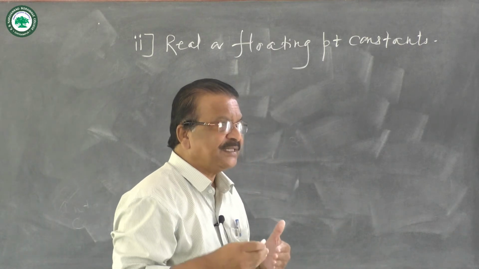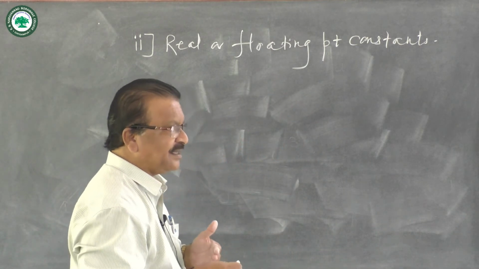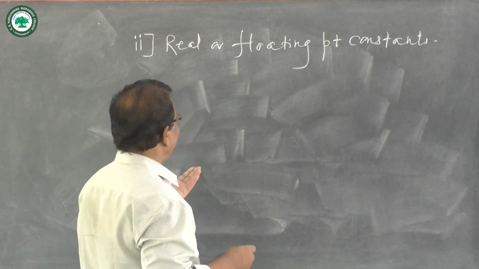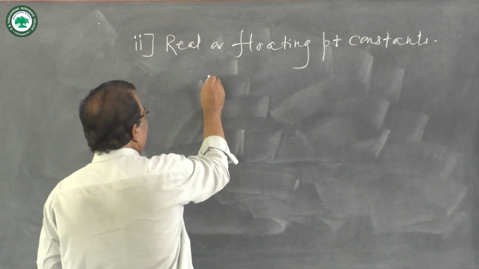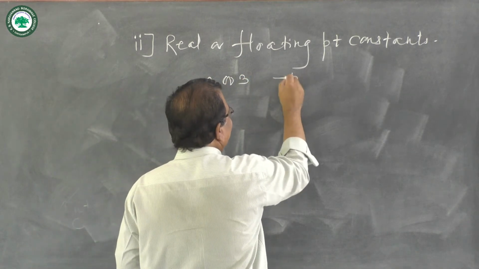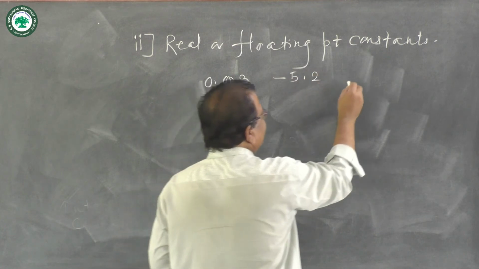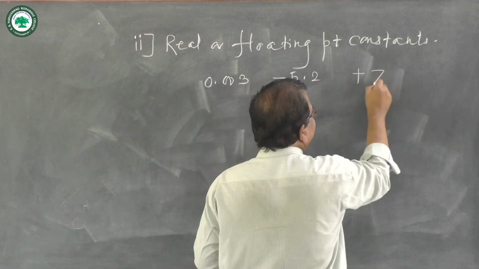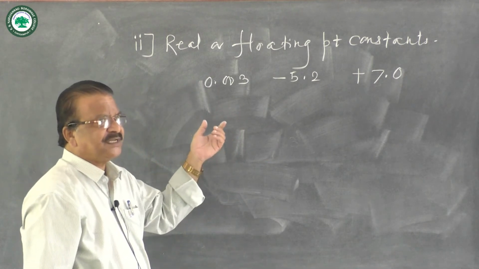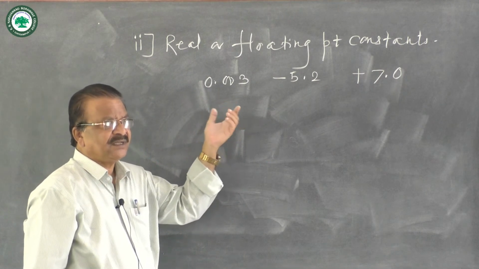The numbers with a decimal point may be preceded by an optional plus or minus sign. The valid examples are 0.003, minus 5.2, plus 7.0 and so on. Where you see a decimal point, it is a real number.